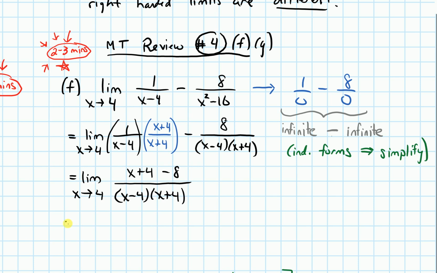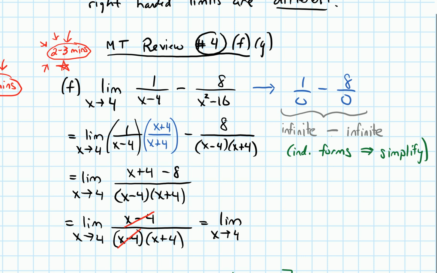All right, so simplifying, we get the limit as x approaches 4, and on the top we end up with x minus 4. That's nice because the denominator is x minus 4 times x plus 4, so the x minus 4 on the top and bottom cancel. After we cancel them, we get the limit as x approaches 4 of 1 over x plus 4.